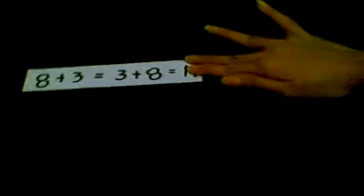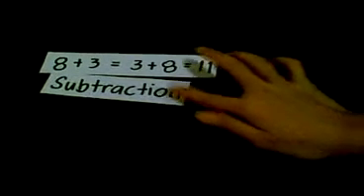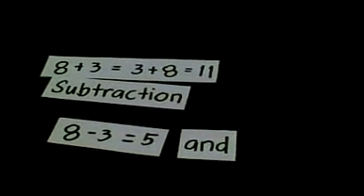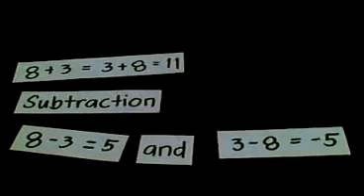The next property in line would be the closure property. In discussing the closure property, we will first take into consideration some of these equations. In addition, 8 plus 3 is equal to 3 plus 8, or equals 11. In subtraction, 8 minus 3 is equal to 5 and 3 minus 8 would be negative 5.